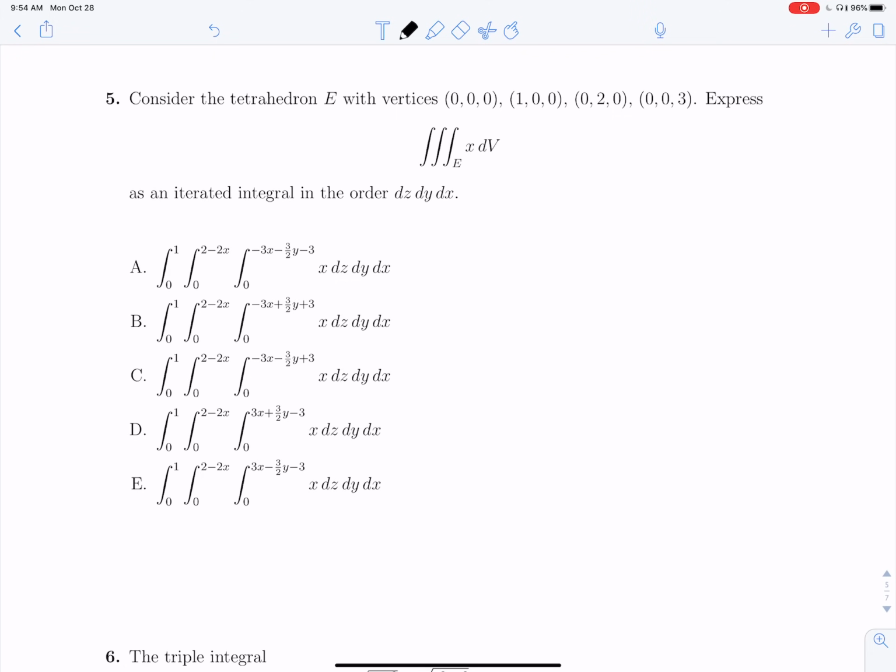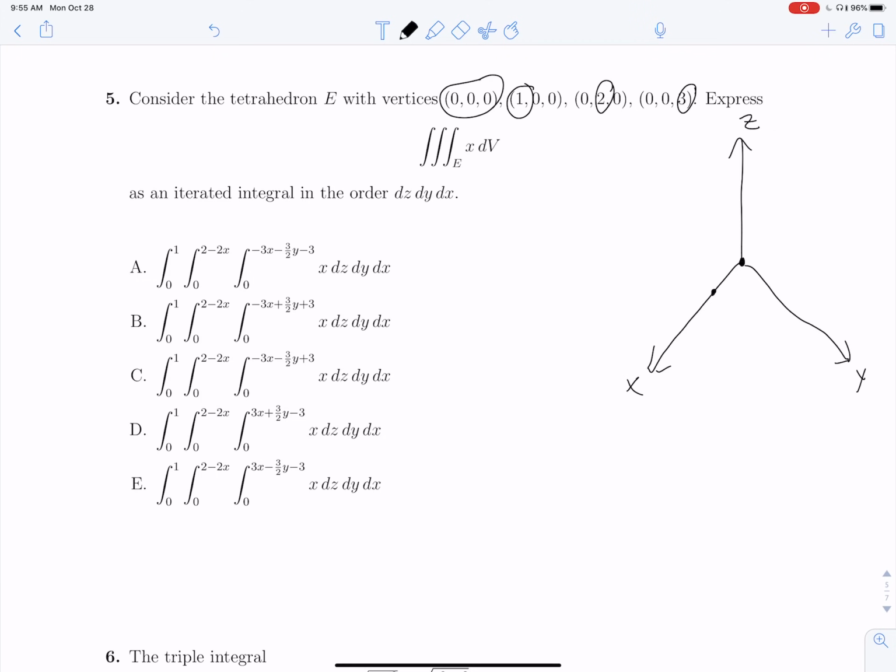Okay, question 5. We're working with the tetrahedron, and it looks like they're giving us the origin, an x-intercept, a y-intercept, and a z-intercept as coordinates. So let's just draw this thing even before we look at any of these answer choices. So x, y, z. We have our origin.